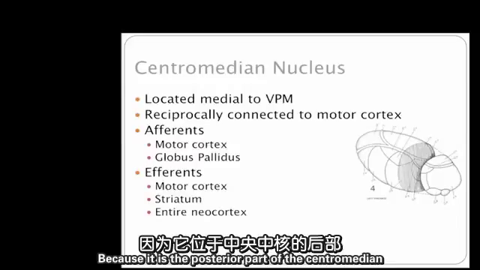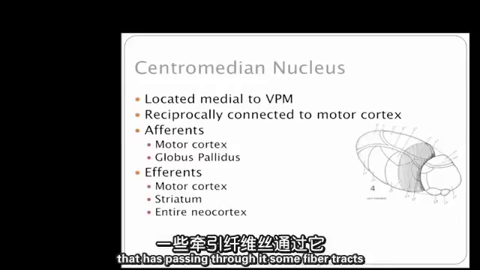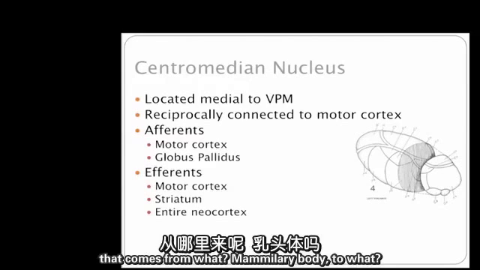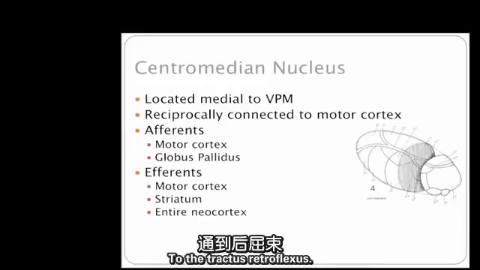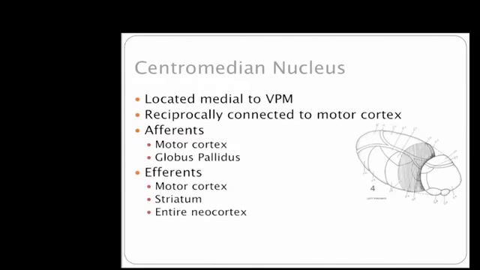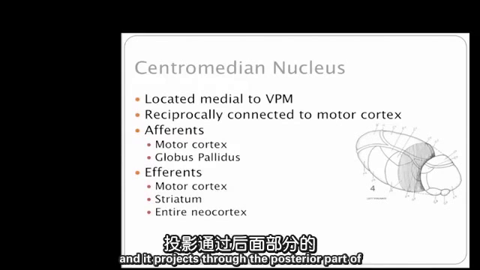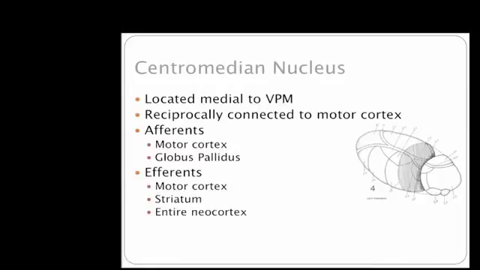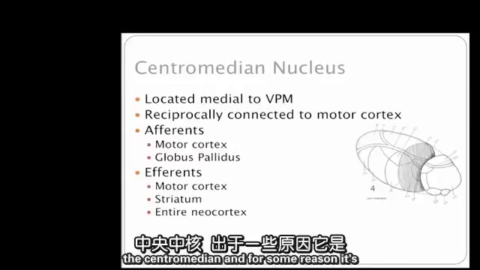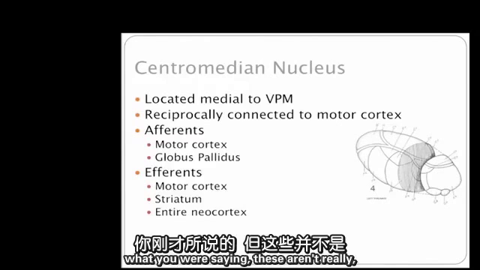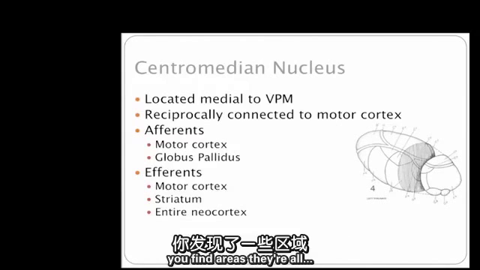Because it is the posterior part of the centromedian that has passing through it some fiber tracts that come from the mammillary body to what? Tractus retroflexus. And that's why they call it parafascicular. These aren't really defined areas. They're all connected.